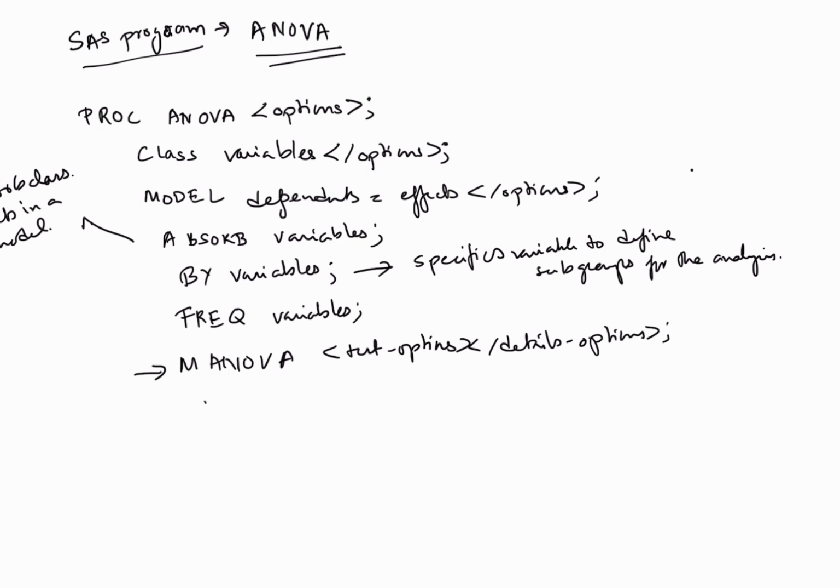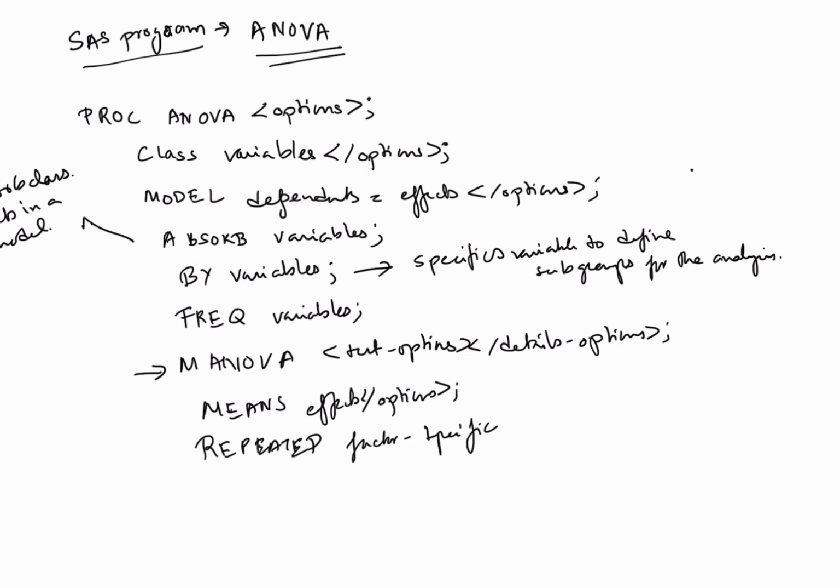And then we can write MEANS, effects, options, REPEATED, factor specifications. Again, a lot of different options. And you have the TEST, the H effects, and the E effects.